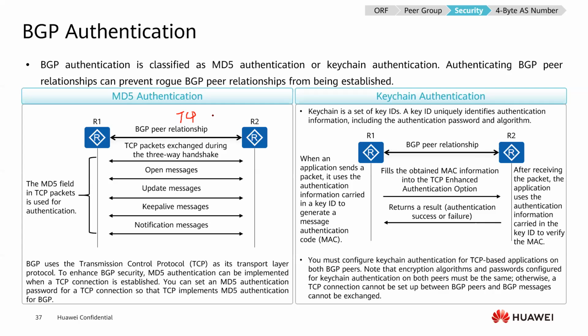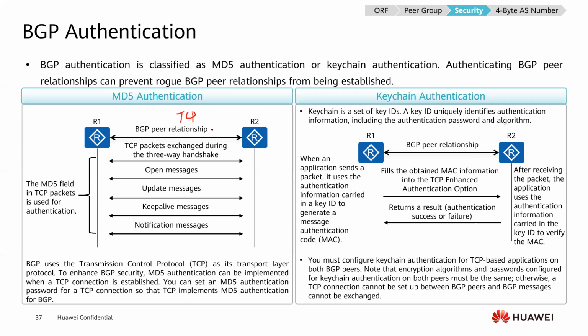Most of the preceding parameters in a TCP package can be obtained by an attacker without much difficulty. It's easy for the attacker to use the TCP parameters to send the invalid message.